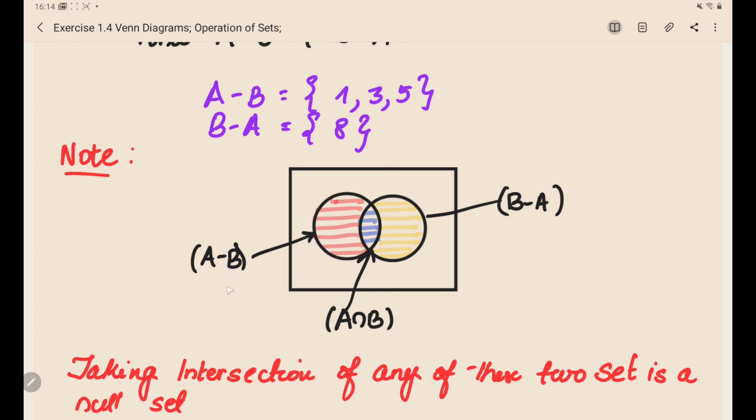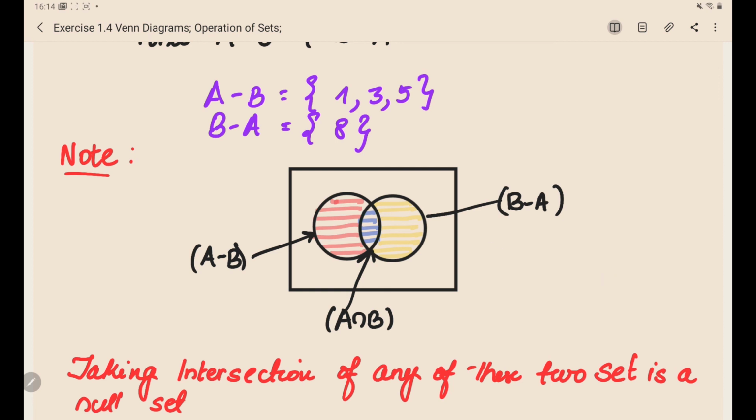This is A minus B, the set of all elements which belong to A but do not belong to B. The ones in blue are the elements which are common to both the sets A and B. The third portion is the yellow one, the subset B minus A, where all the elements belong to the set B which do not belong to A, only the elements of B minus A.